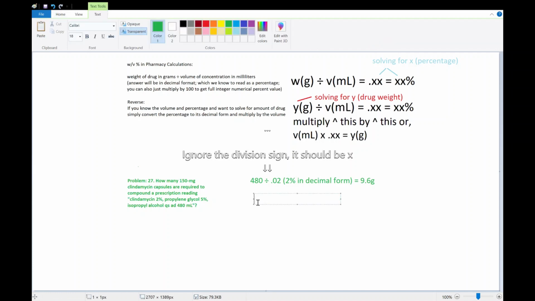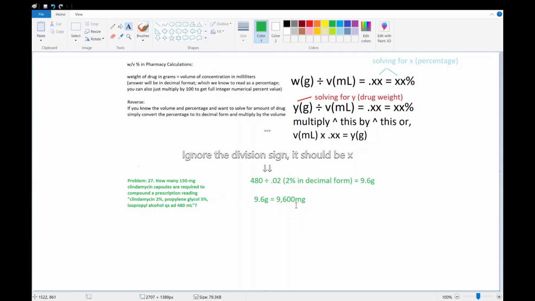So 9.6 grams is going to be 9,600 milligrams. We're just going to multiply by 1,000, moving the decimal place 3 spaces to the right. So now we're at least in a like format, using the same unit that they're asking for in the solution to the word problem. They're asking how many 150 milligram capsules, and now we're dealing with milligrams.